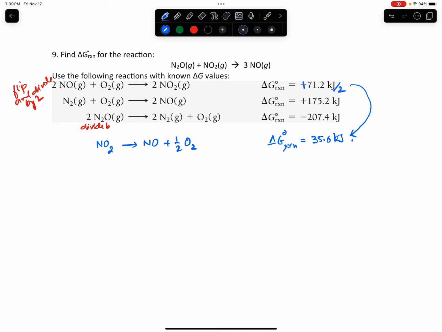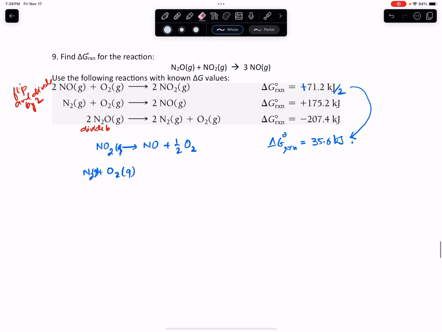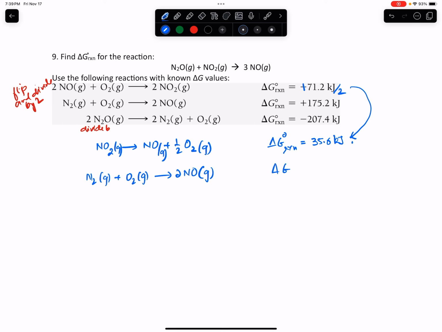For the next reaction, I'm going to keep it as is. So I do N2 plus O2. I forgot to add the phases here, let me erase that and do it properly. And this has the same delta G of the reaction, and the same value goes down here.